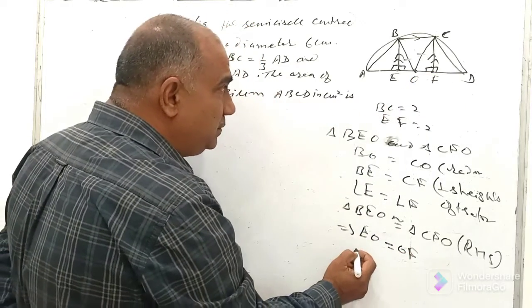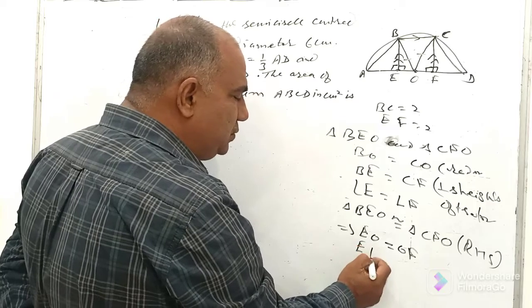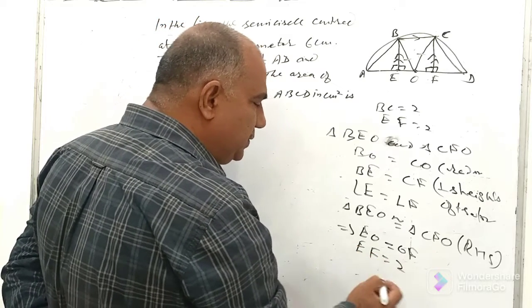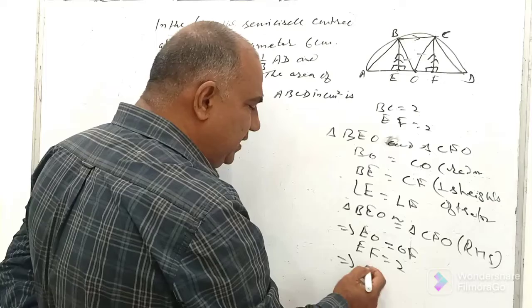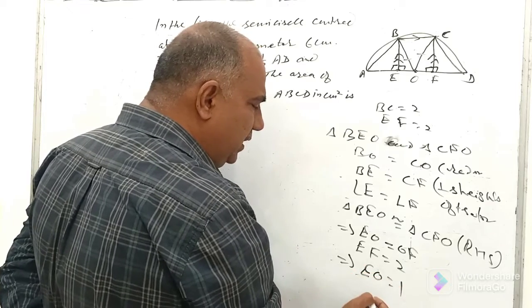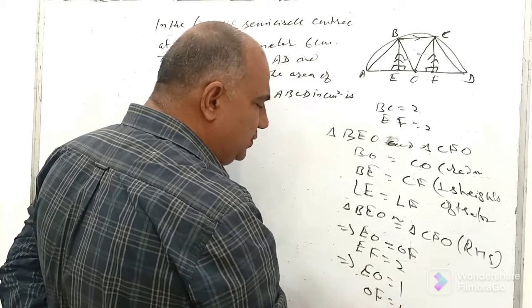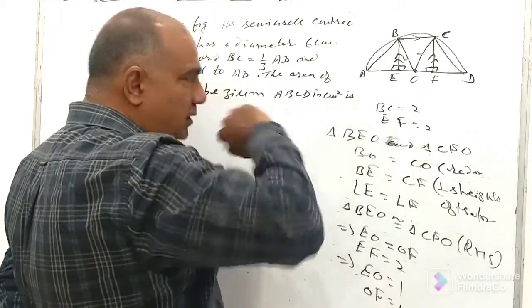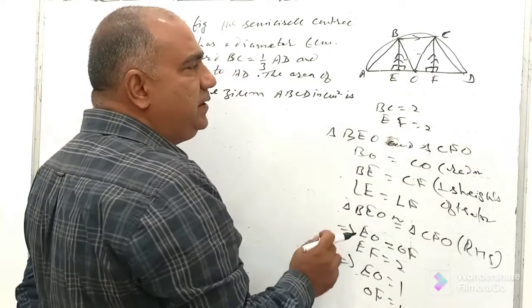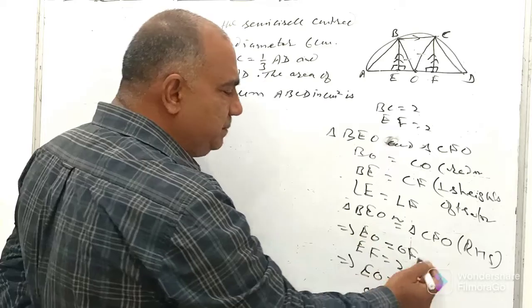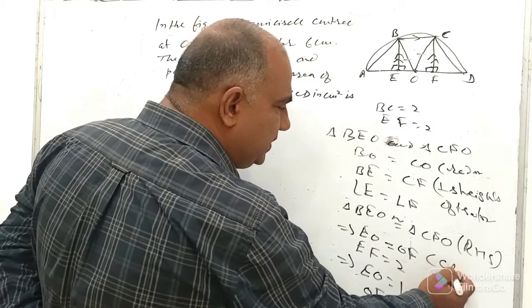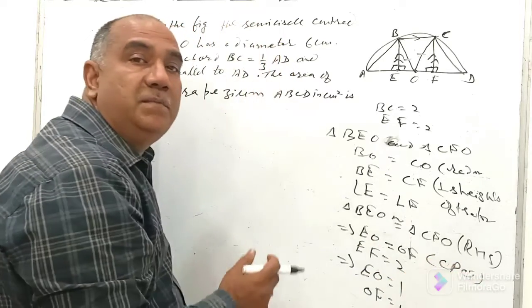But we know that EF is equal to 2, which implies that EO is equal to 1 and also OF is equal to 1.